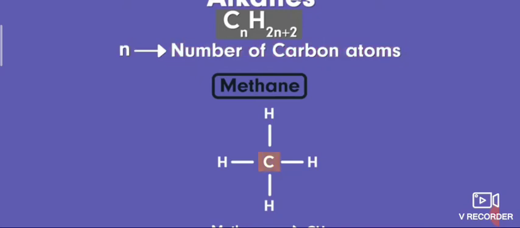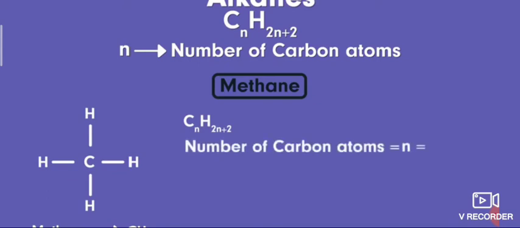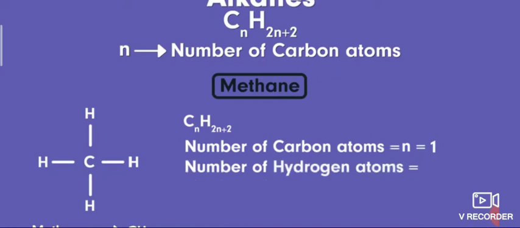N is the number of carbon atoms. So hydrogen can combine with 2N plus 2. N is equal to 1.